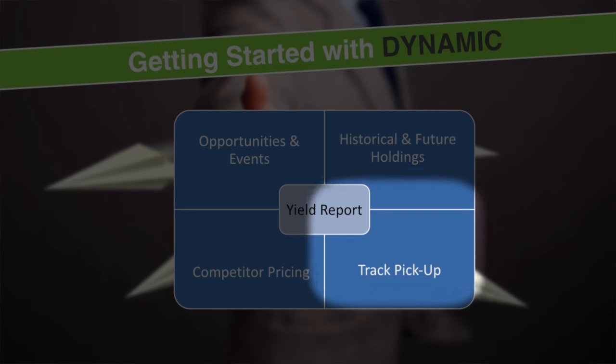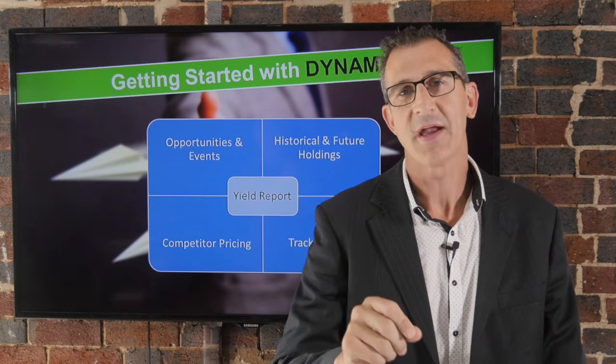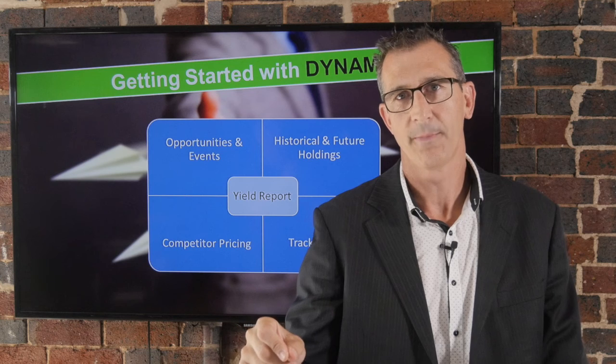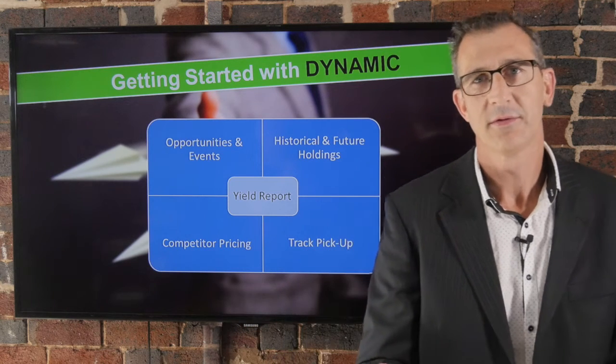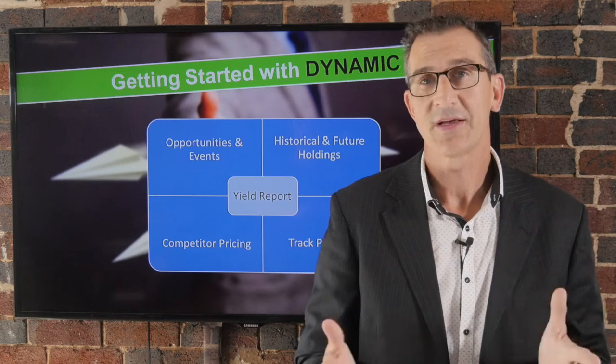We also think it's really important to track pickup. I think I explained this in the last module, in the data and numbering module. But pickup is literally what changed since you last ran the report. So if you're on a daily cycle of running your yielding reports, what happened overnight? What happened in the last 24 hours? Yesterday, we had 40 rooms sold out of a 50-room property.